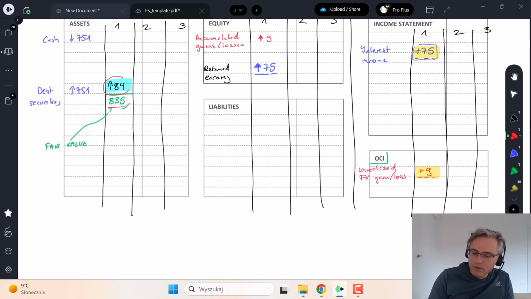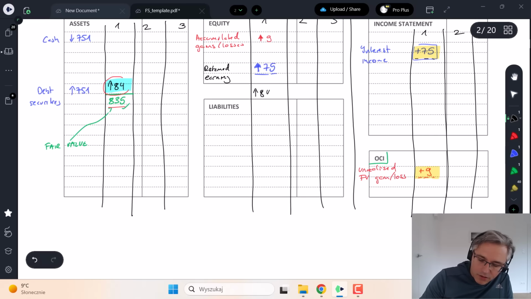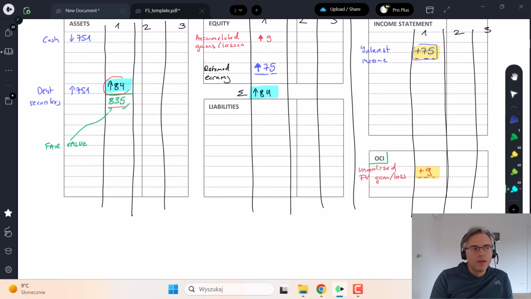So your equity gets impacted by both the 75 and the 9. So the total impact on equity is 84, the same as the growth in the asset. But there is this somewhat artificial split into what would be called interest income and OCI gains or losses.